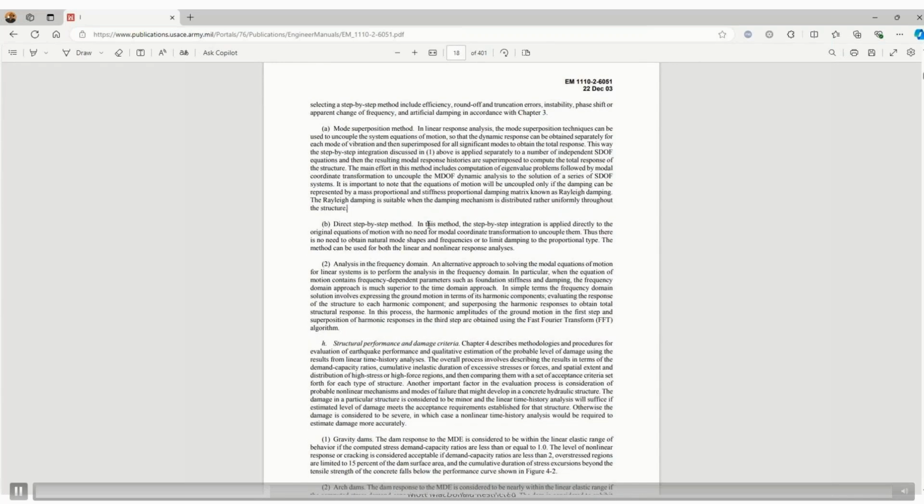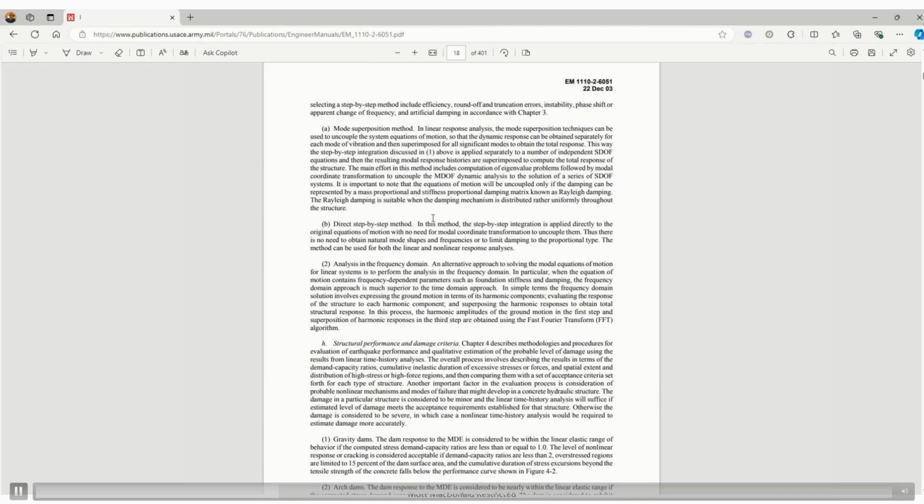In this method, the step-by-step integration is applied directly to the original equation of motion. You know the equation of motion: the internal force is equal to mass into the double derivative of deformation, that is mass into acceleration, plus damping into the single derivative of deformation, that is damping into velocity, plus stiffness into deformation.